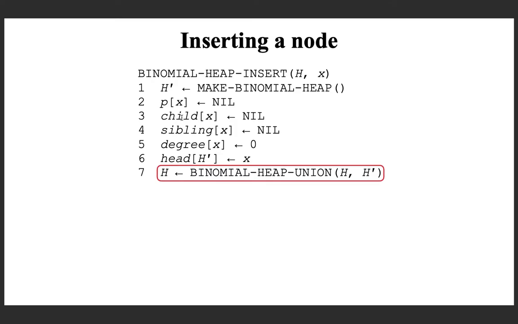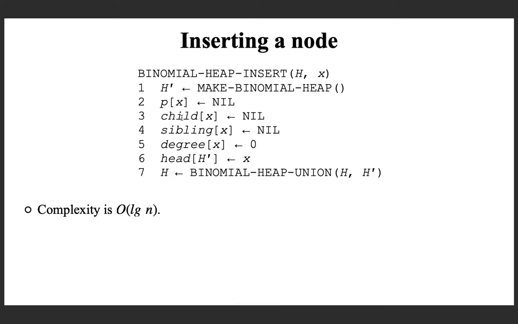If you look at the complexity, it is O(log n), because log n is the complexity of the binomial heap union operation. All other statements are order of 1, so in total it is O(log n).